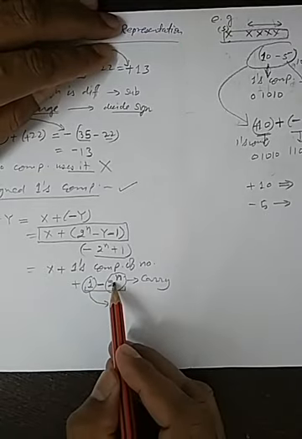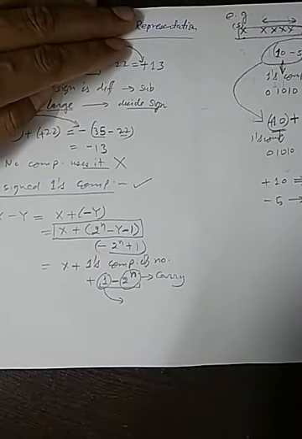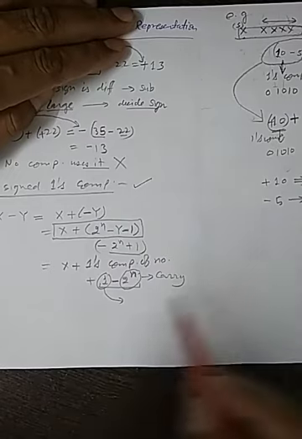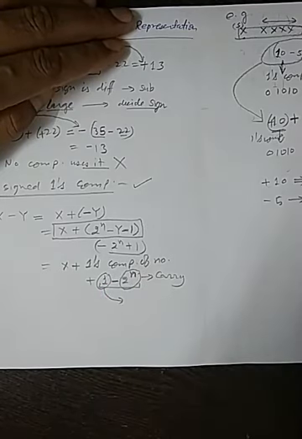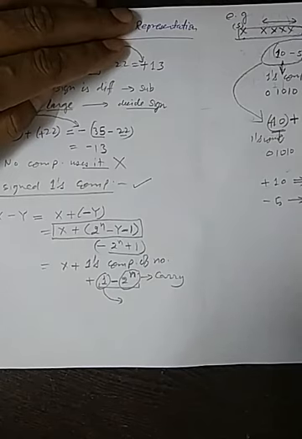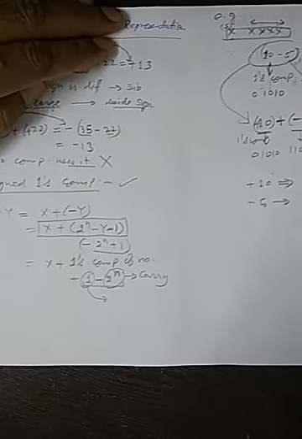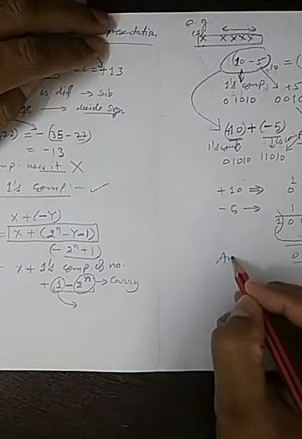Two things are happening here: we are ignoring this carry out and we are adding 1. So mathematically we are rectifying this. So let us do this. 1 0 1 0 0. So this is the answer.